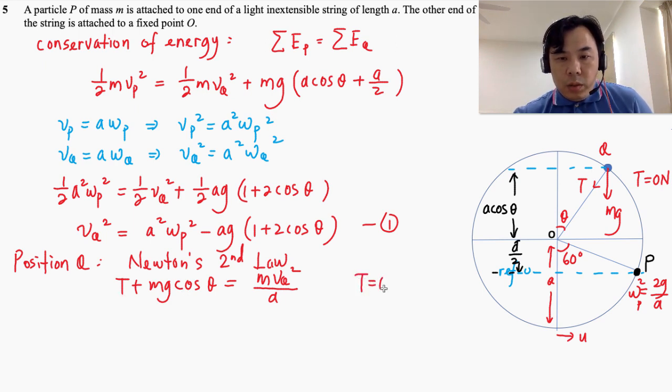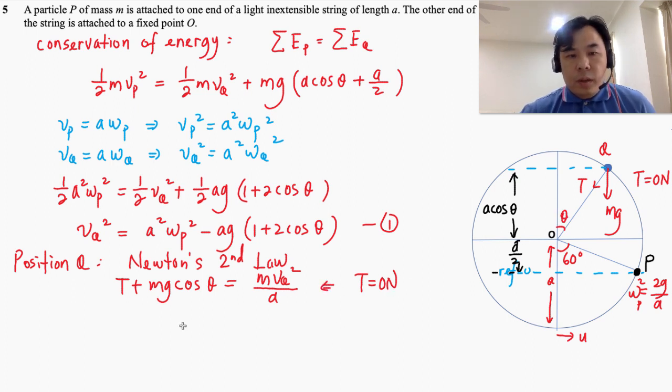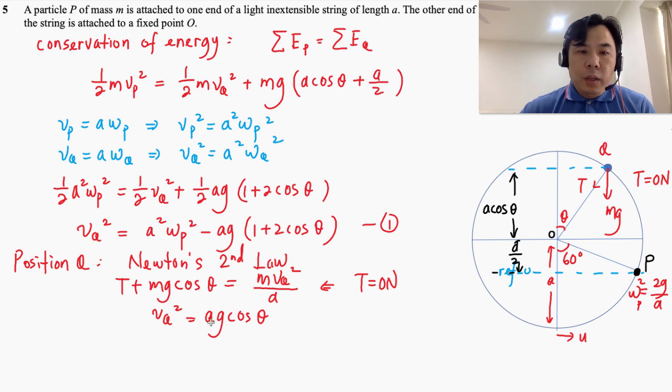So we can simplify this: VQ square will be equal to AG cosine theta.